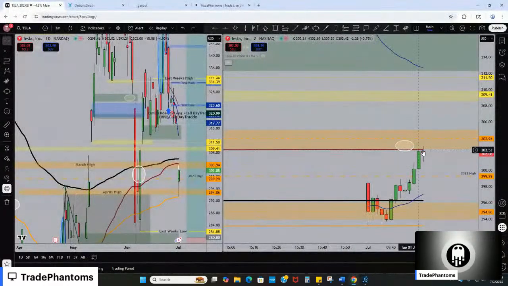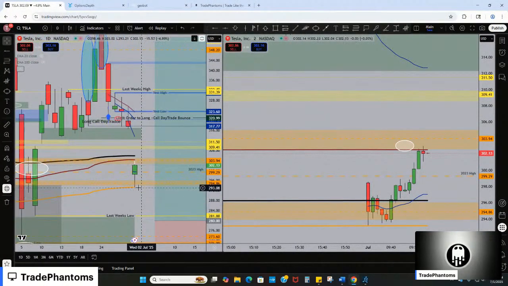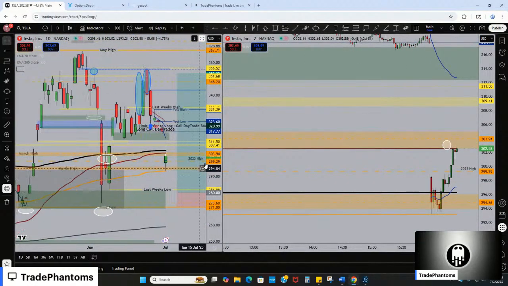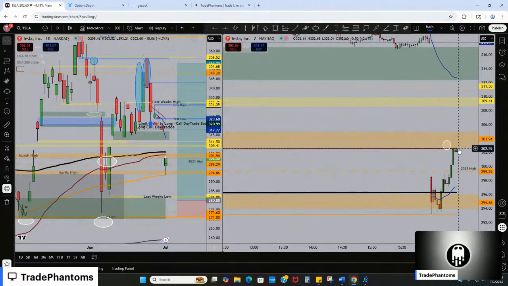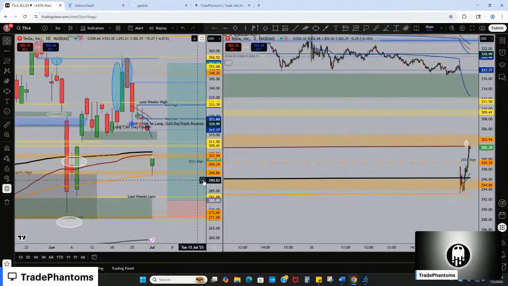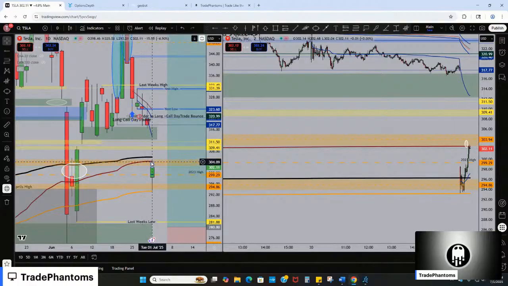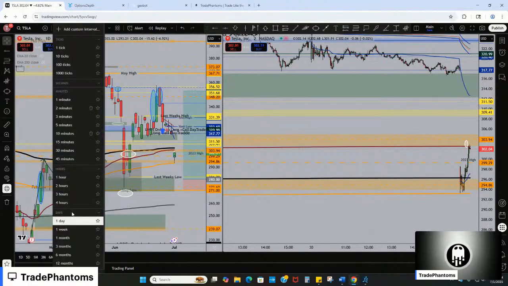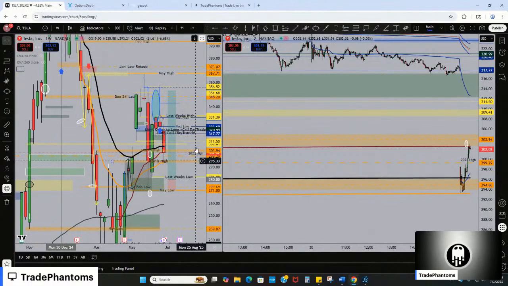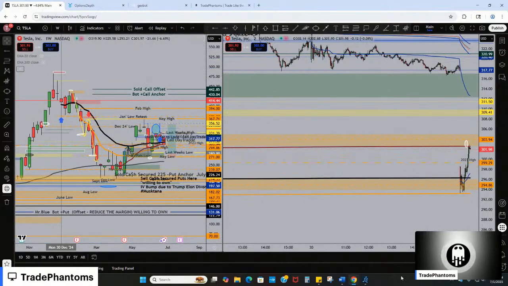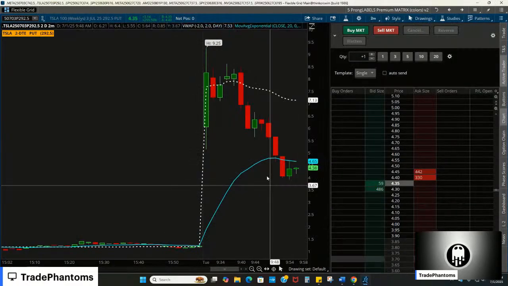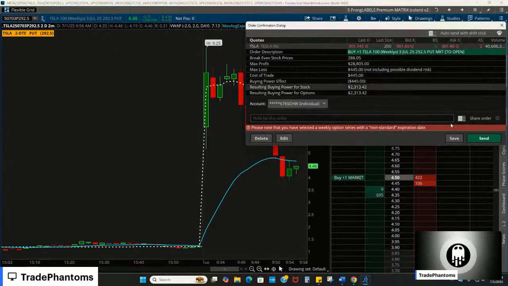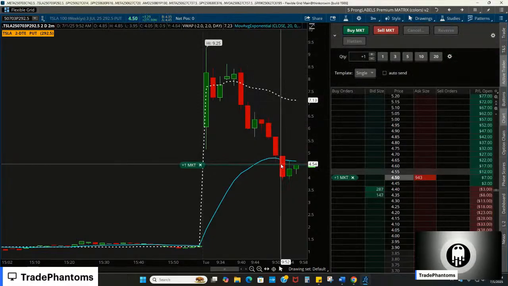It's still a kind of weird, odd trade, just very choppy. But if you pick these up here, Tesla 292.5.